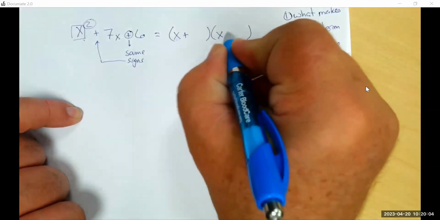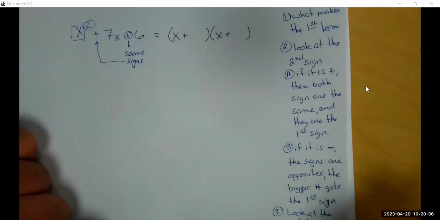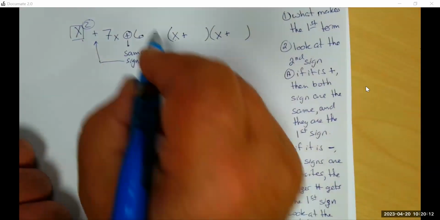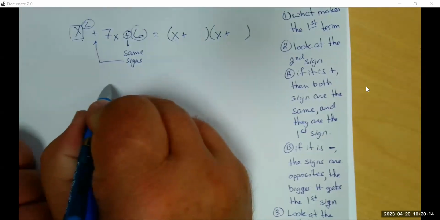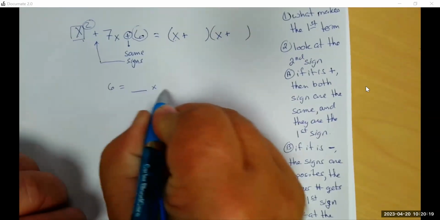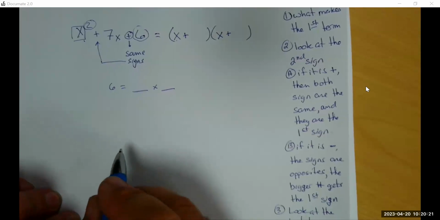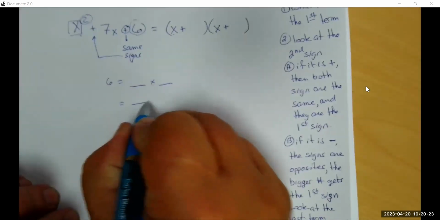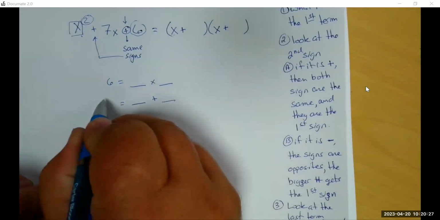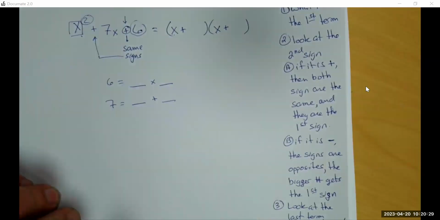So this one, they're both positives. So that's step two. Step three, let's look at the last number, 6. What times what equals 6? When we add them, since that's a plus, we get the middle term, we get 7.